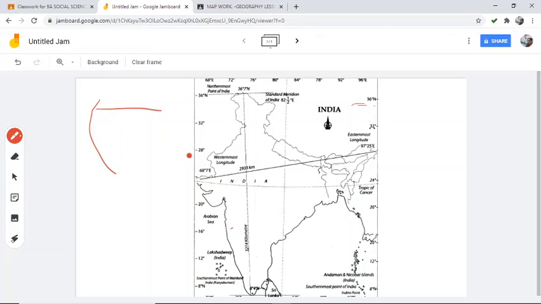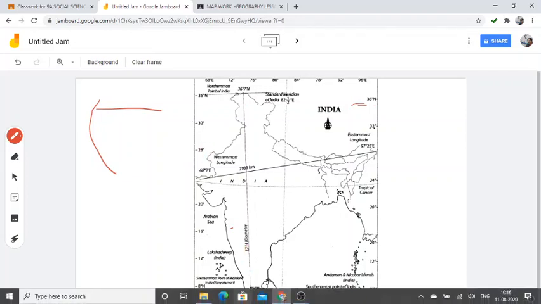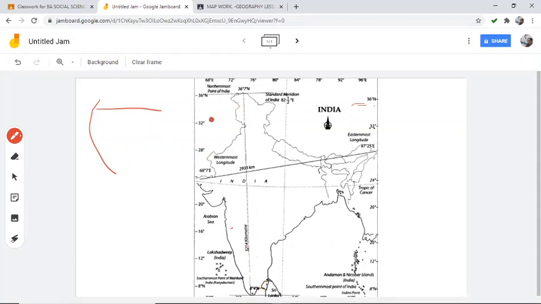You should remember that properly. All the latitudes in India are northern latitudes, and all the longitudes belong to east longitude. So with the latitude we will write N, whether it's southernmost latitude or northernmost latitude. Here you can say 8 degree 4 minute north, and also 36 degrees 7 minute north. And with the longitude we have only eastern longitude.